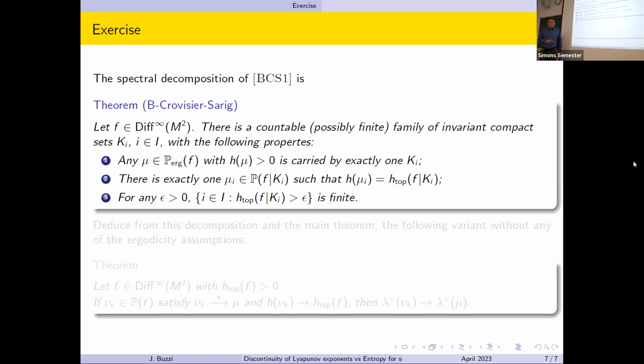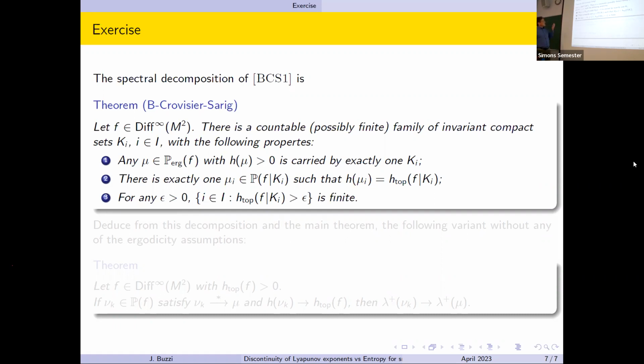Okay, so yeah, maybe I state the exercise and maybe we take a break. Is it good? Okay, so the exercise for you is the following. I made this statement, the main case of our result, where we assume the ergodicity, and now we want to remove the ergodicity assumption. Okay, and the exercise is to see that using the spectral decomposition that we proved in an earlier work, with Sylvain and Omri, you can do that.